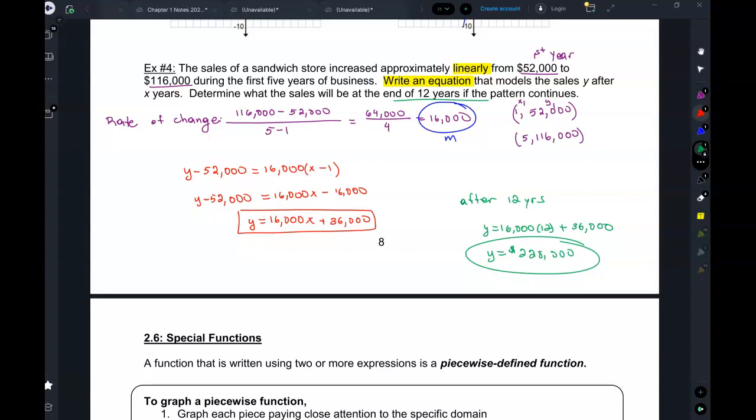So here I did y minus y1 equals m times x minus x1, where x1, y1 is year 1 and 52,000, and the slope is 16,000. Okay, so we get this, and then after 12 years, x, which is our time, is 12. Okay? All right.